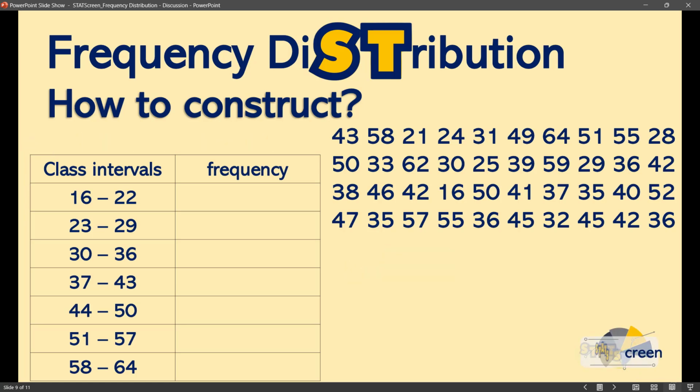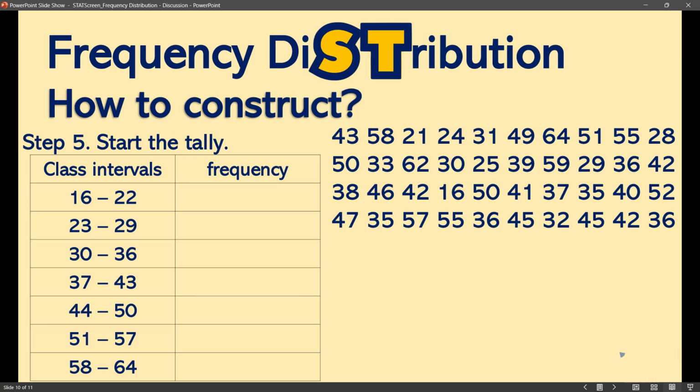Now that we have the class intervals, let's proceed to the frequency. Let's start the tally. We need to count the number of observations in our set of data values which will fall on each of the class intervals. You can just simply cross out or cancel out all of those items.